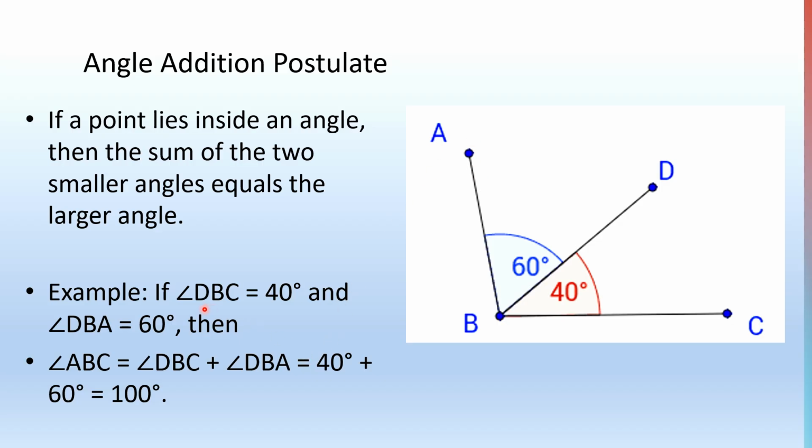So if angle DBC is equal to 40 degrees, and angle DBA is equal to 60 degrees, then the angle ABC is just equal to the sum of the two. 40 plus 60 is equal to 100 degrees. So we can add angles. That's all this is telling us.